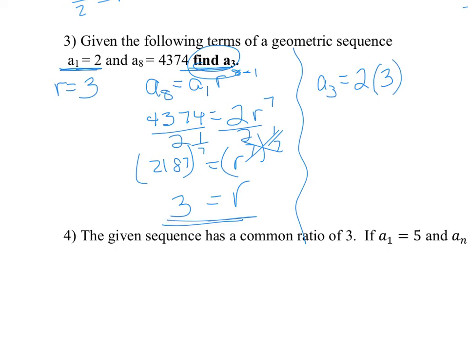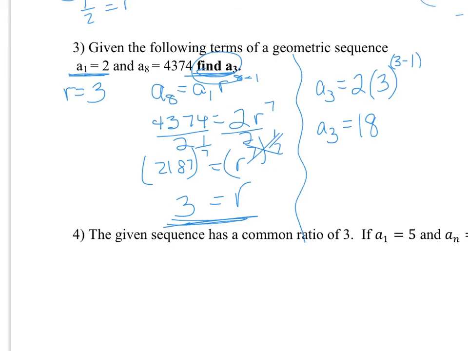That's why I did all this work over here. And it's being raised to the 3 minus 1 power. I hate writing that, but just write that. And if you put it in your calculator, make sure it's all in the exponent there. So then a sub 3 is equal to 18. Done. Okay, that's exciting.